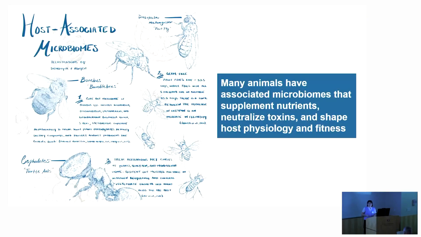In Drosophila, we see how their gut microbes affect the host's lifespan and fecundity. And in Cephalotes turtle ants, because they have a herbivorous diet, they rely on their resident gut microbes to partake in nitrogen recycling, as well as convert vertebrate excreta into usable amino acids.